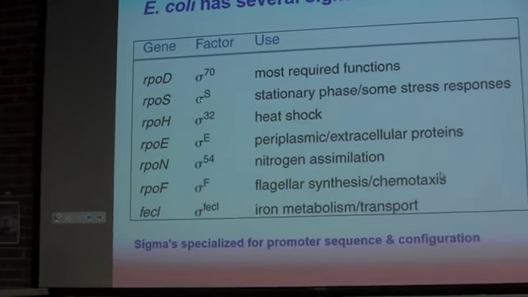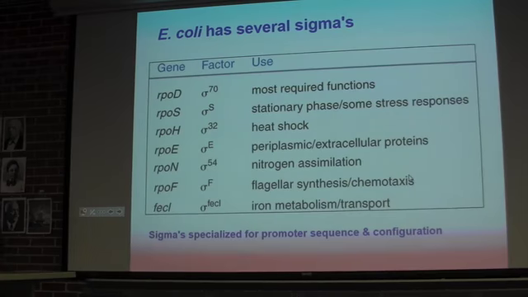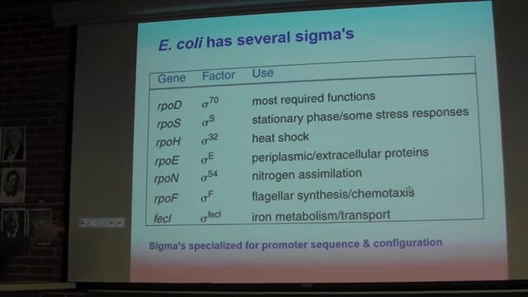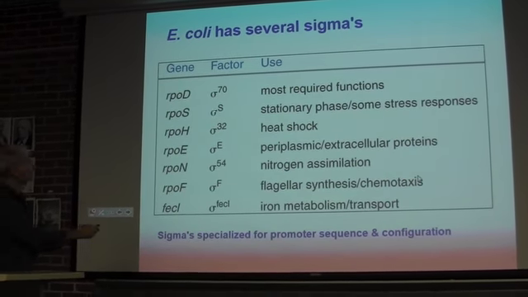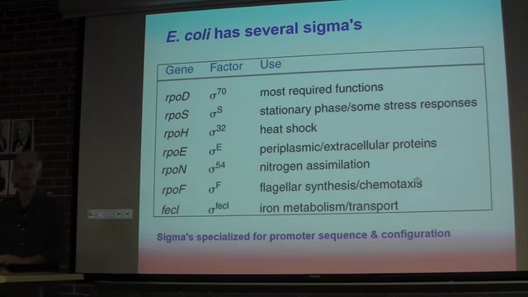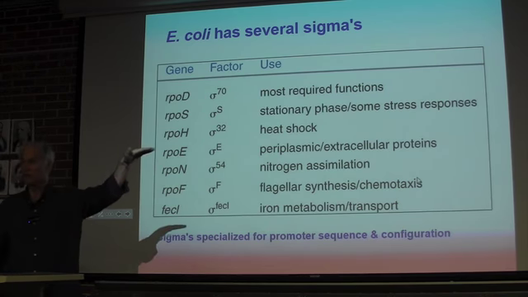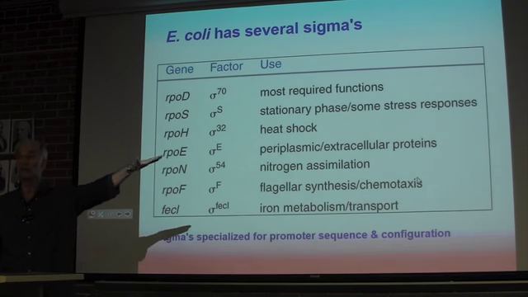But before we go into the sequence, we'll just look at the functions here. Sigma 70, let me point out the ones you'll need to know. Sigma 70, sigma S. The S stands for stationary phase. Why would you need a special sigma for stationary phase of a culture? Well, in stationary phase, you are starving, right? You're a Marvin.